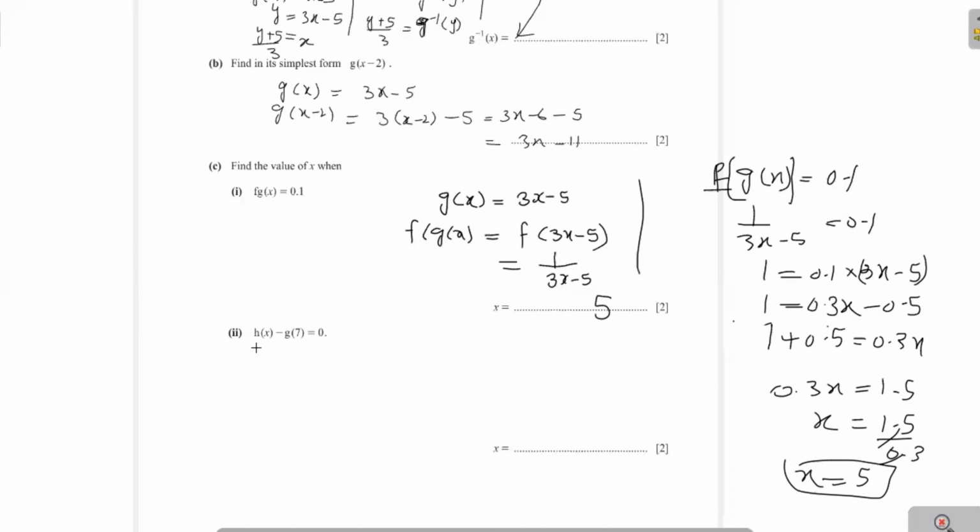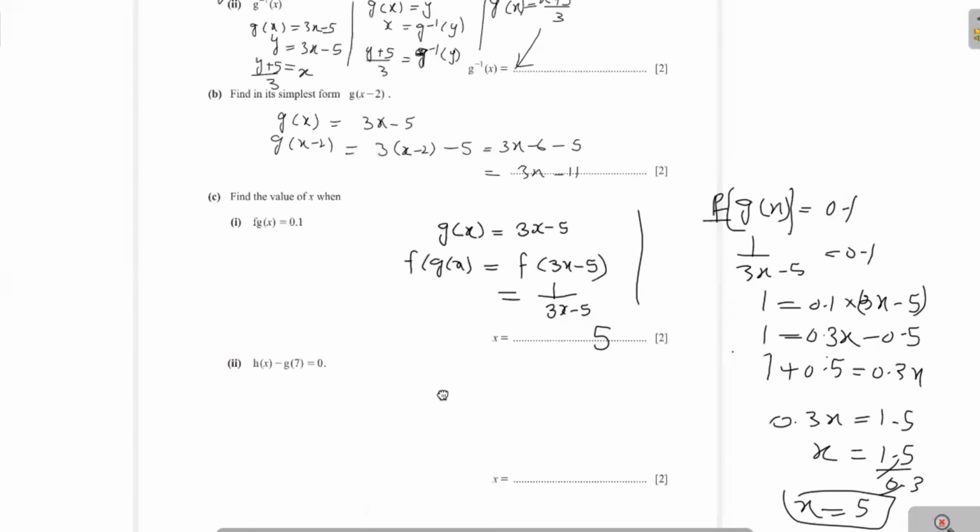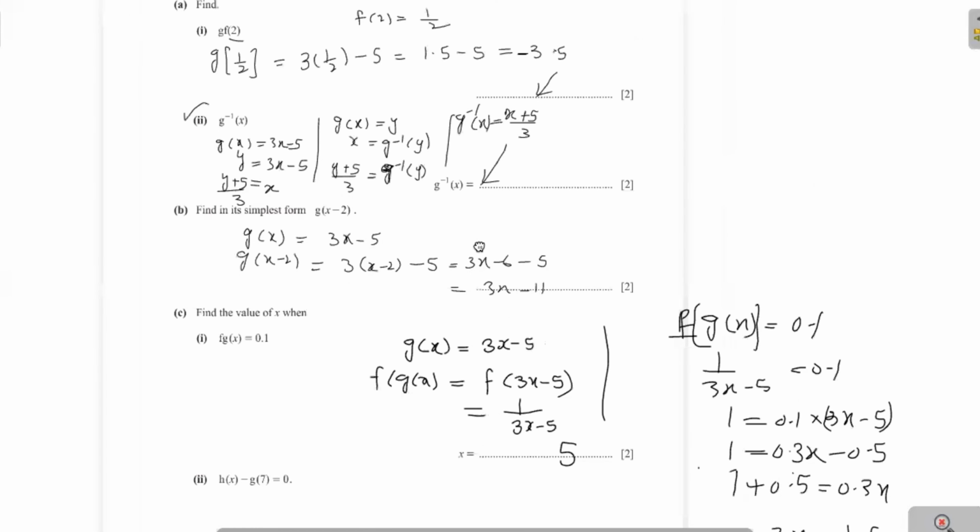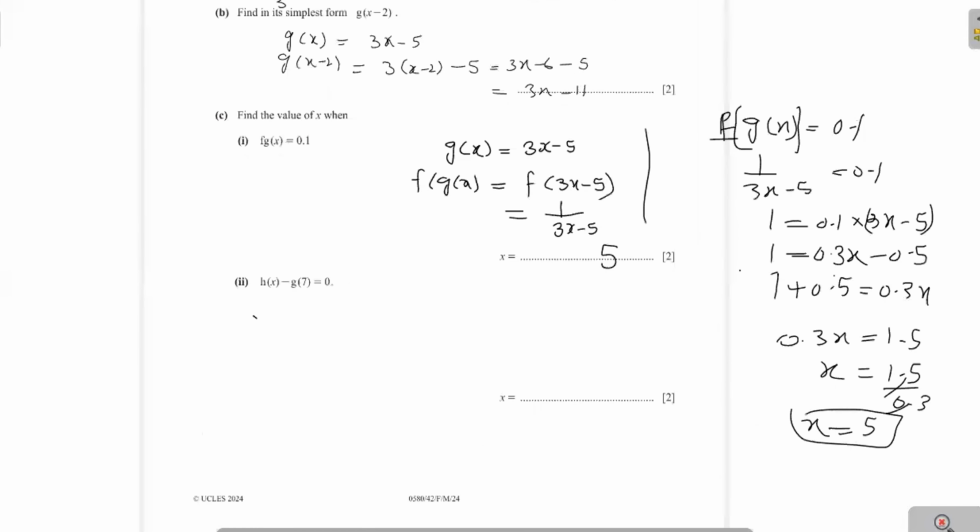Next part, second, h(x) and g(7) equal to 0. You see here h(x) value here is 2 power x. We write 2 power x − g(7). There g(x) is 3x − 5. Therefore, g(7) will be equal to 3 times 7 − 5.